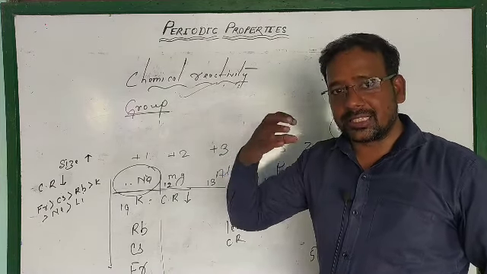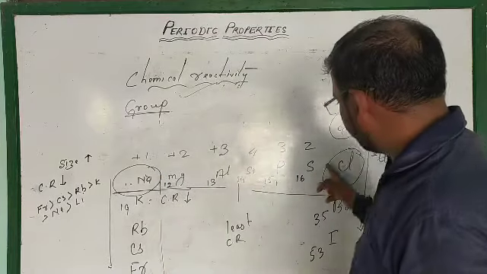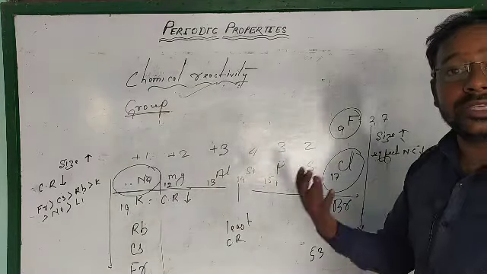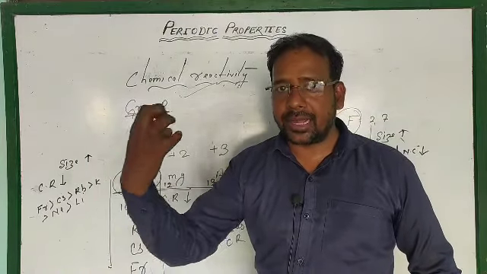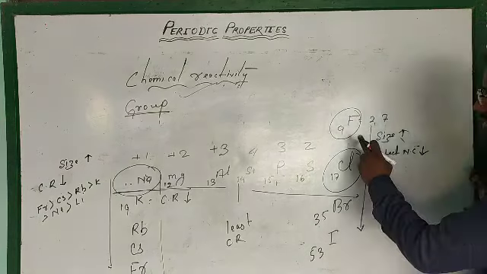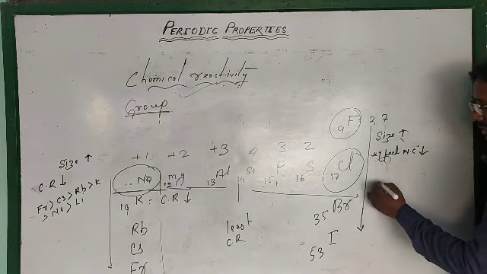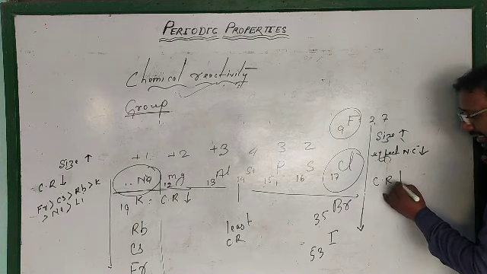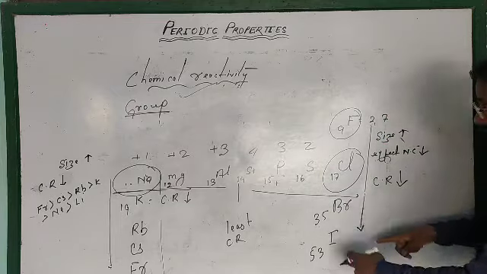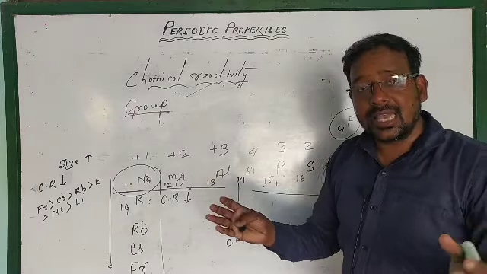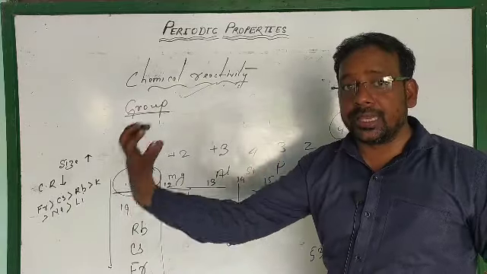The losing tendency of electrons in the case of metals. But in the case of non-metals, we will see the gaining power, meaning attractive power. Fluorine has a greater attractive power and the least is in iodine, and you can see that chemical reactivity decreases in the halogen family. Why does it decrease? Because of the increase in size and decrease in the attractive force, meaning the power of gaining electrons.